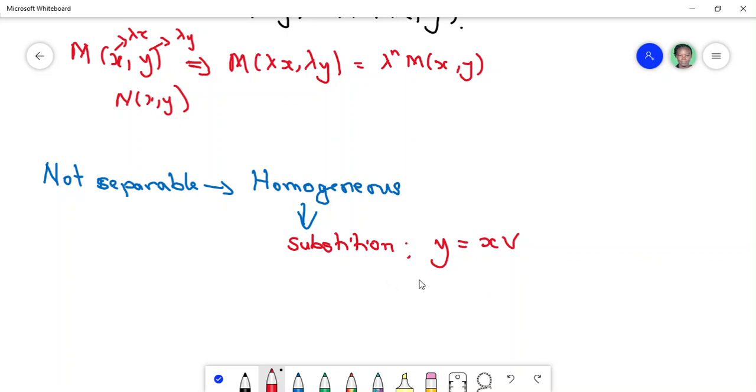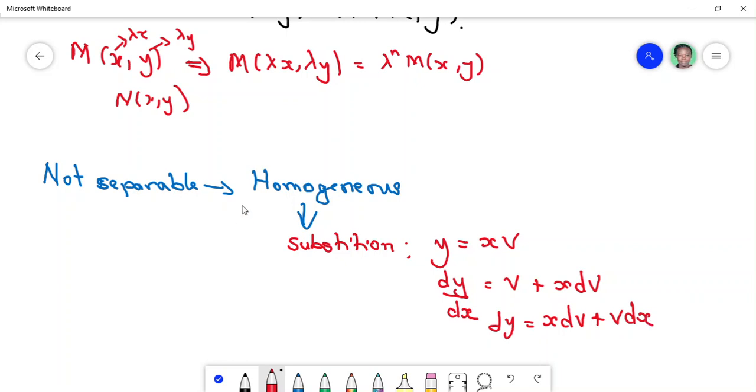Then I have y over x equal to v, so dy is equal to x dv plus v dx.